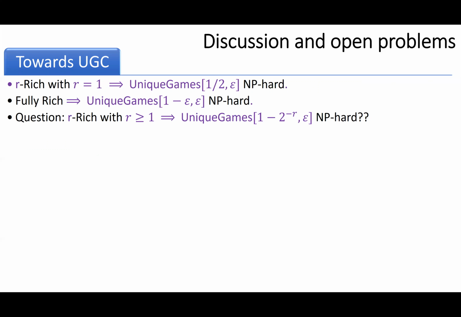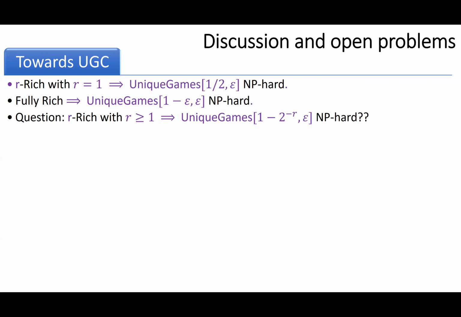And we know that this type of instances imply that unique games is hard between half and epsilon. Our main theorem in this work is to say that if you have full richness, then you get the whole thing about unique games. You get unique games between 1 minus epsilon and epsilon.